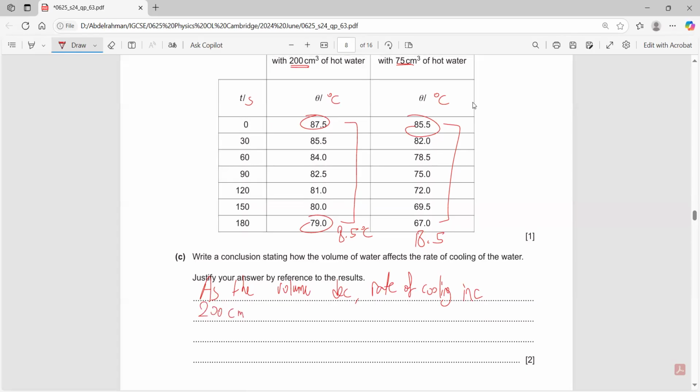When you had 200 centimeters cubed, the difference was 87.5 minus 79, which is 8.5 degrees Celsius. But when you had only 75 centimeters cubed, the difference was 85.5 minus 67, which is 18.5 degrees Celsius.